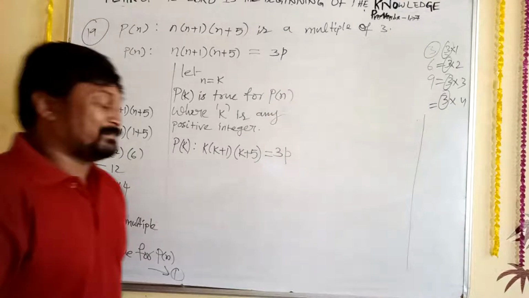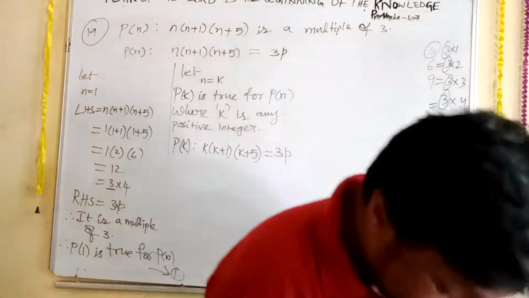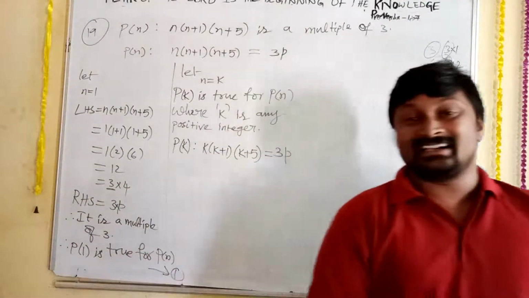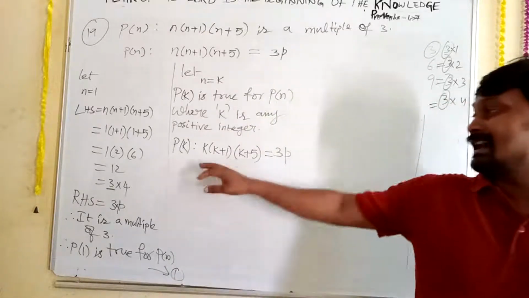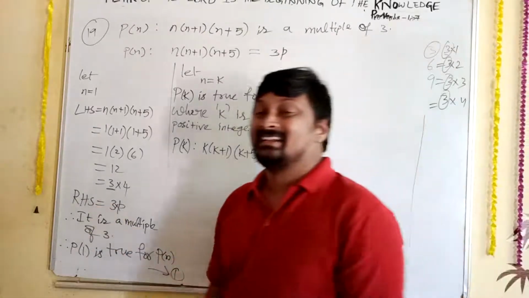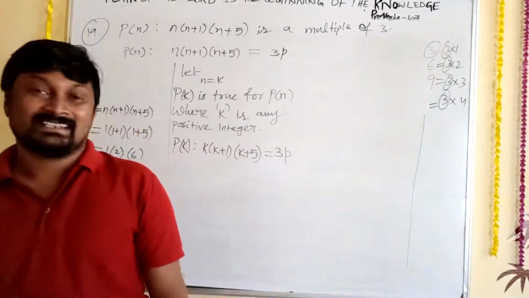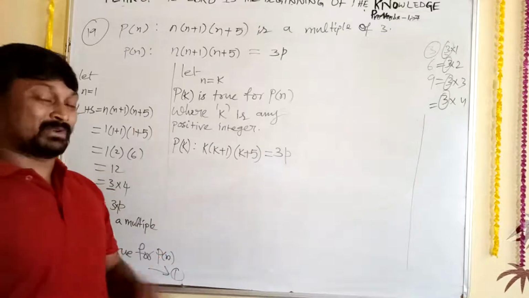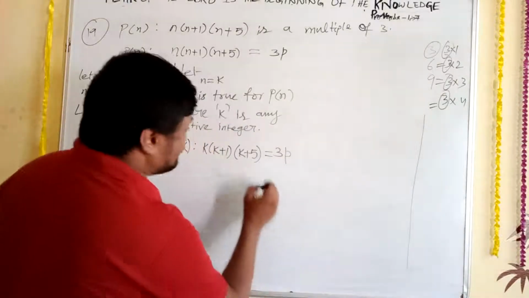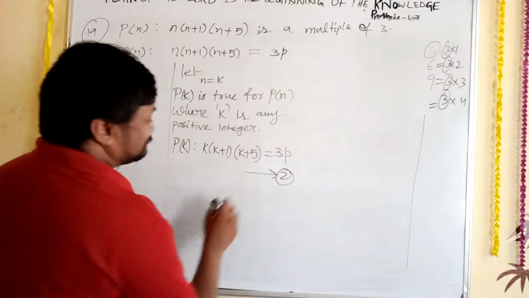So next step, how can I solve? This is the terrible one now for you all. Up to here it is okay, no problem. After this, you will get some problem. This I'll give as equation number 2.